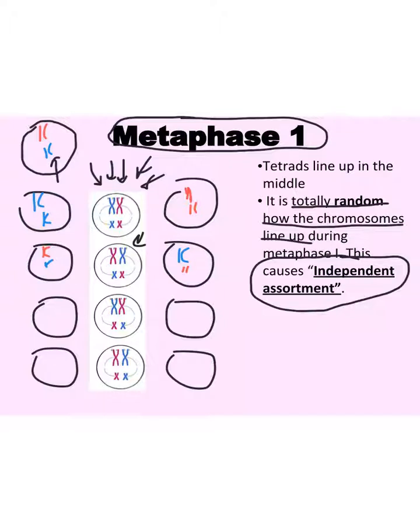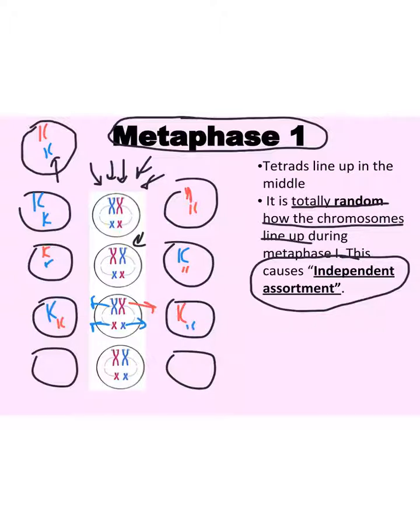On this one, it's different again. You can see this big blue guy is going to come that way, so there's going to be a big blue in here. And this little red guy is going to go that way, so we're going to have a little red in there. On this one, the red goes that way, so we're going to have a big red. And the little blue guy goes that way, so we're going to have a little blue.